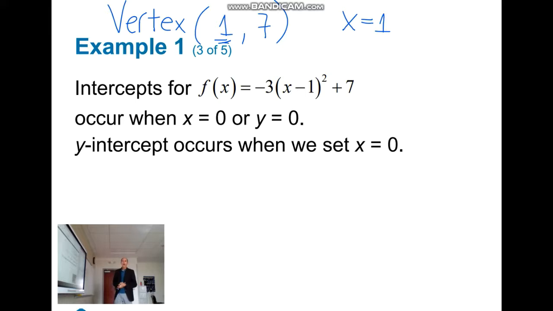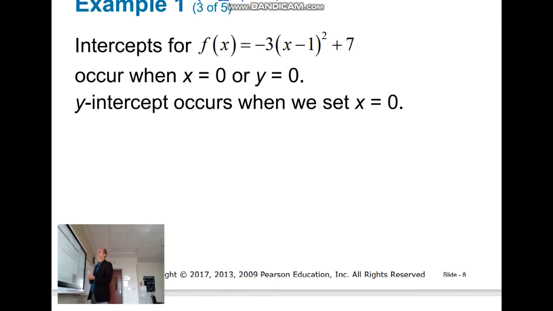Now, to help graph, we will find the intercepts. For f of x equals negative 3 times (x minus 1) squared plus 7, the x-intercept is where the graph intercepts the x-axis, where y equals 0, and the y-intercept is where the graph intercepts the y-axis, where x equals 0.